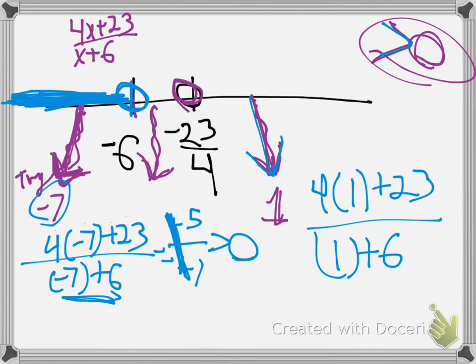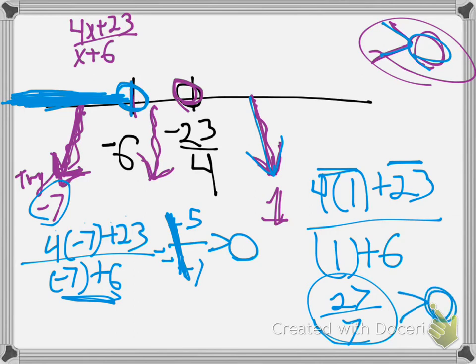We're wondering if it's going to be greater than 0, and it looks like it totally will be, because 4 times 1 plus 23 is 27, positive, and 1 plus 6 is positive. So this is 27/7, positive, and that is greater than 0. So that works out. So numbers on the right-hand side of -23/4 also work. So everything from there to there, just not this stuff in between.